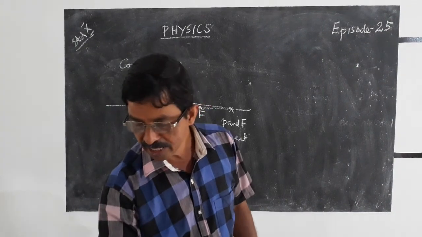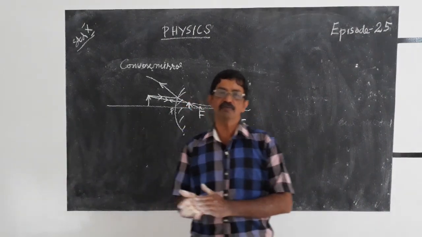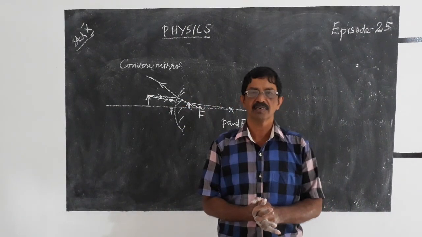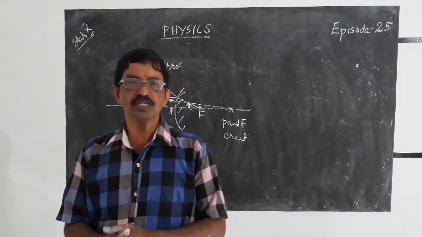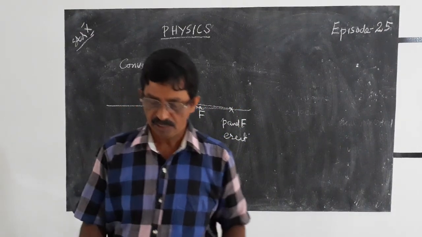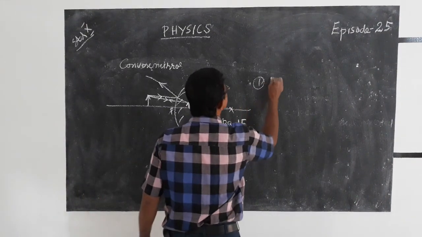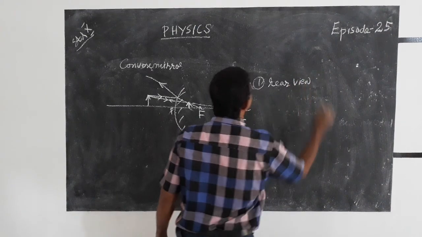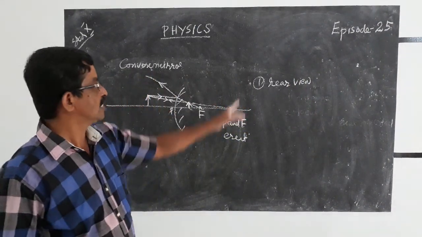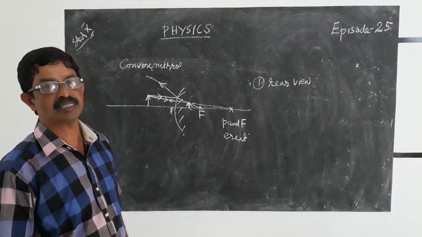Now, we want to know about the uses of a convex mirror. Most importantly, it is used as a rear view mirror by drivers.